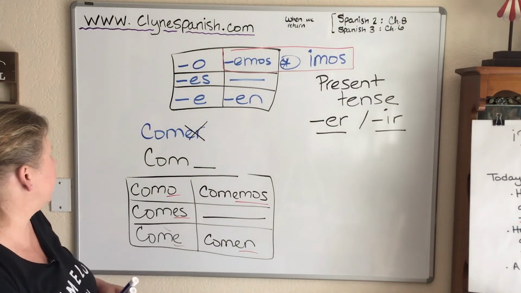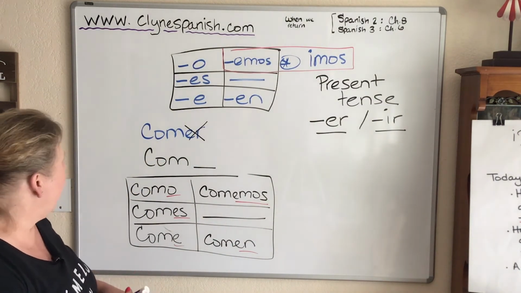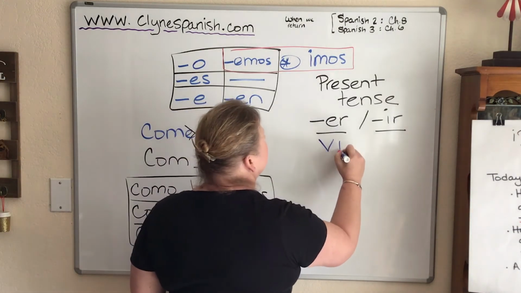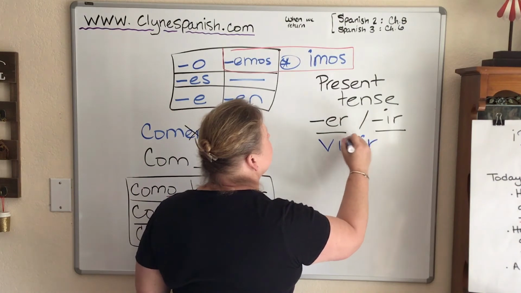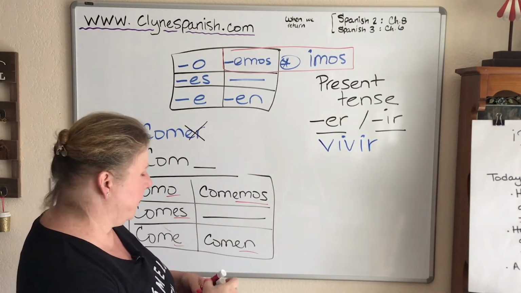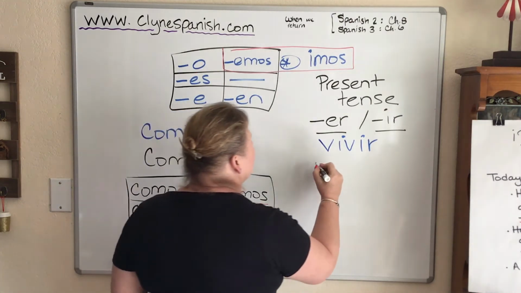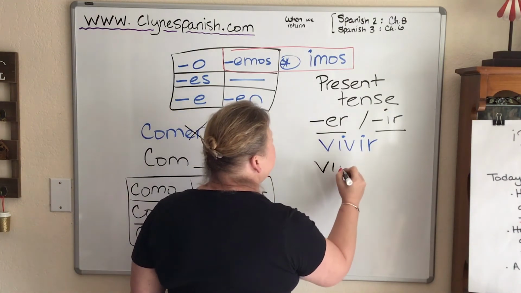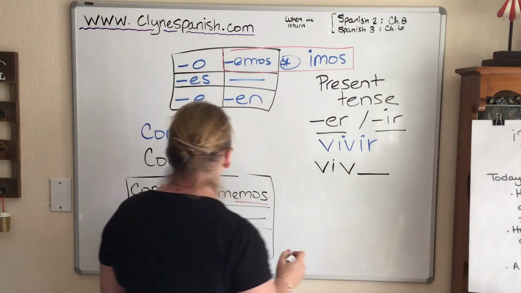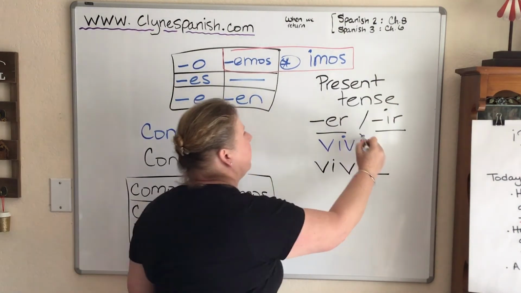There are your verbs. My favorite IR verb to use is vivir. So again, that's our infinitive, vivir. Then I take off the IR, left with the stem.